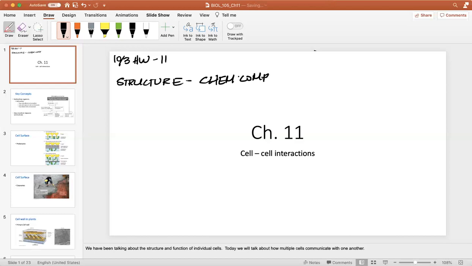And those were our macromolecules. We've also thought a lot about their organelles. So we went through and defined what all the various organelles were in a cell, right? So we've studied a bit about the structure of individual cells.